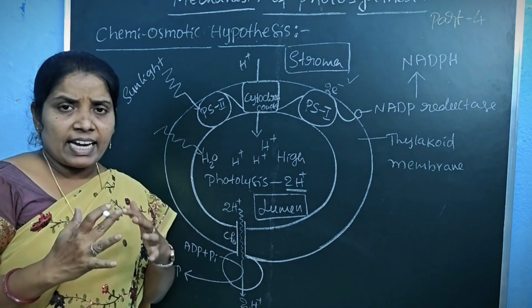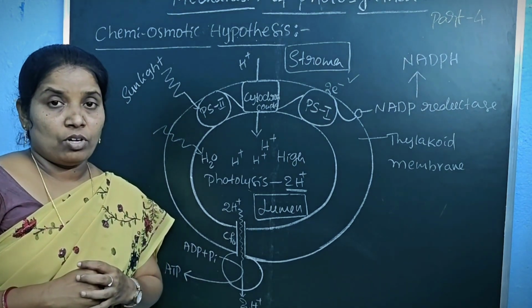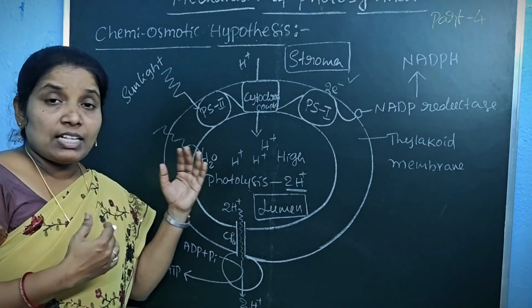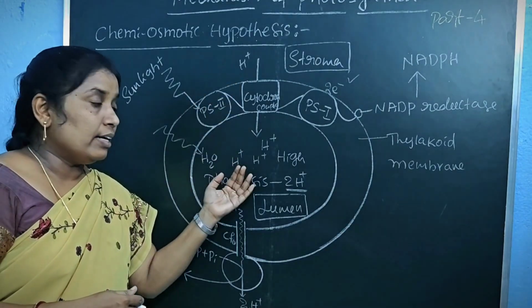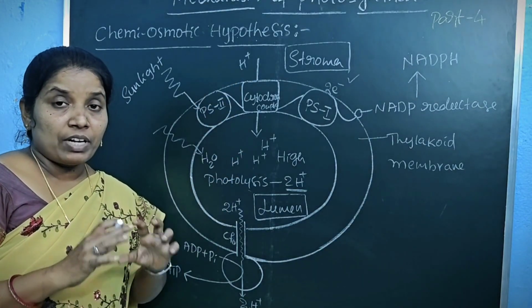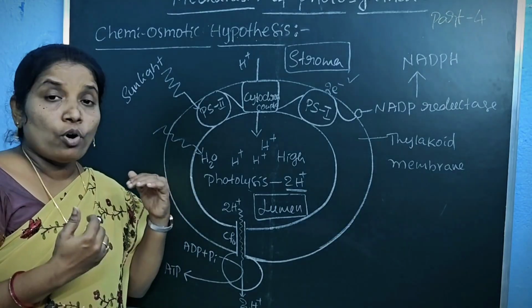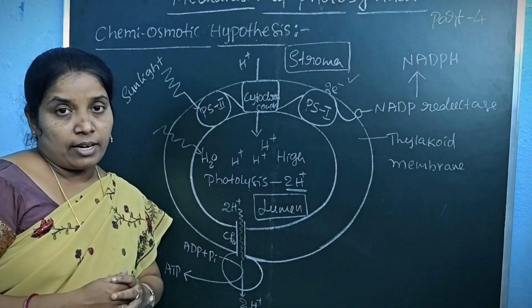So it creates a proton concentration difference. When this difference is established between the stroma and the lumen, the protons tend to move into the stroma side.